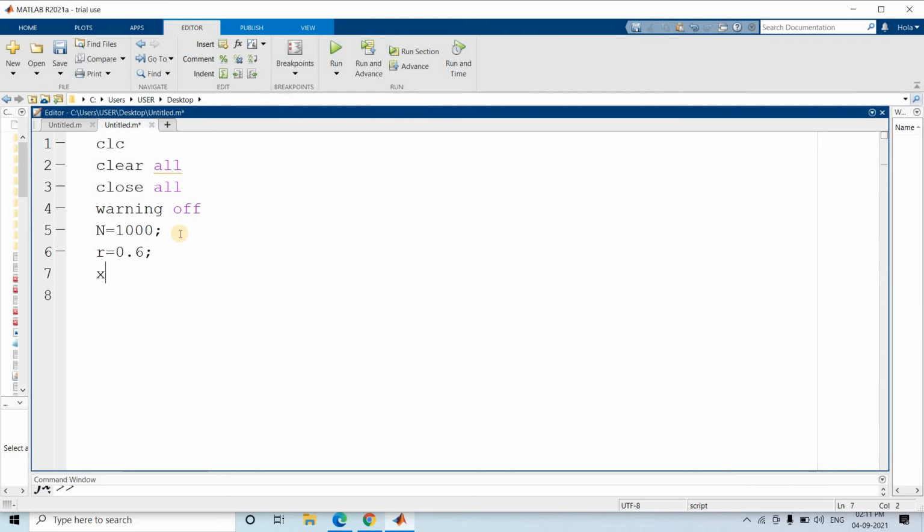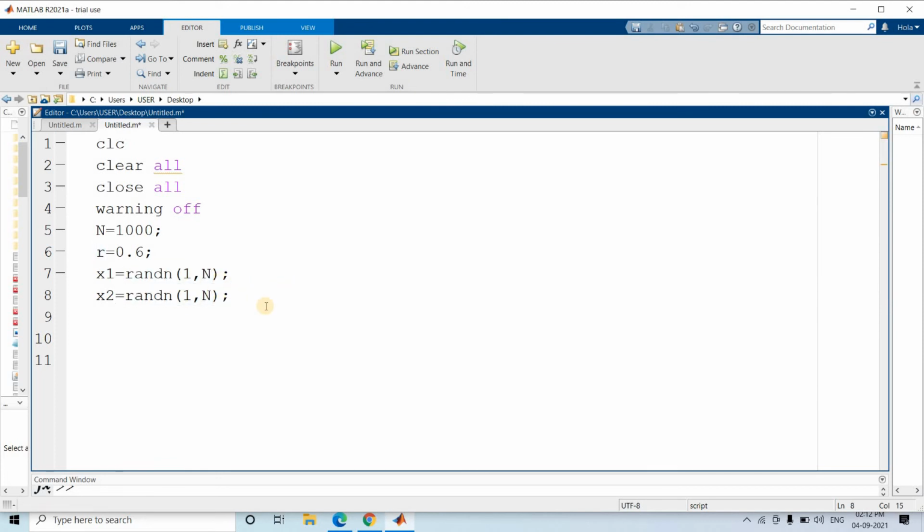Okay, so first I'll create x1 equal to randn(1, n). Sorry, this will be randn. We have generated our first uncorrelated random variable, and the second will be x2 equal to the same.